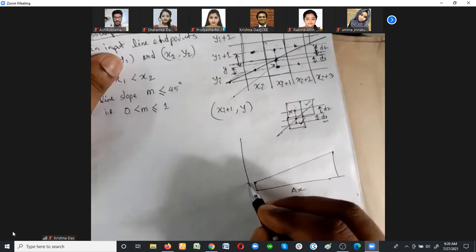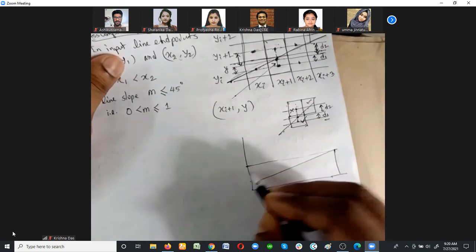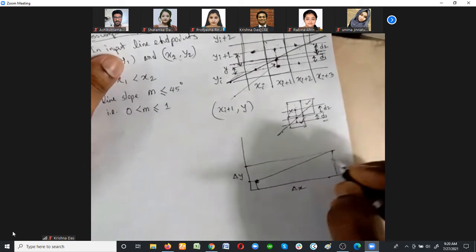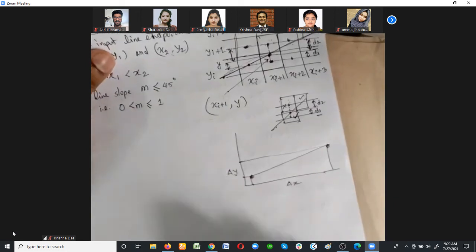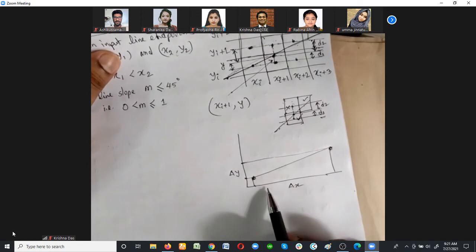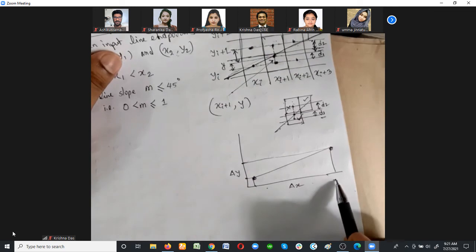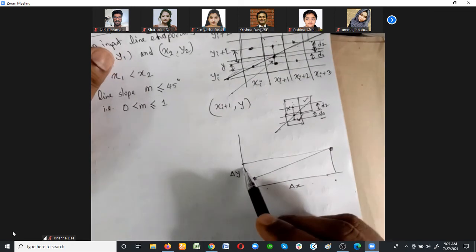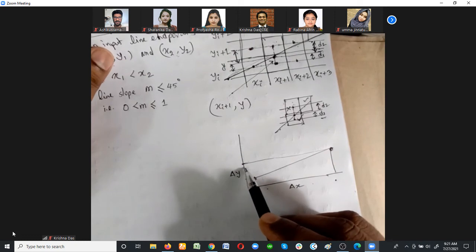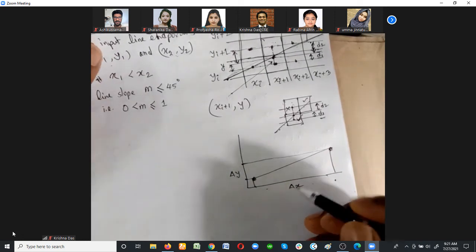If you consider the distance of the y coordinate, del y, you have seen that the change of the pixel here or point here will be done in every case: the x coordinate will be incremented by 1, because that is the major part of the distance. Whereas the y coordinate, in some cases it will not change, and maybe only a little portion will change. So that's why we are taking the scenario like this.